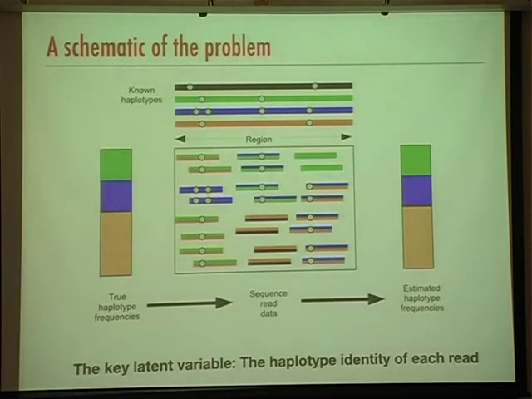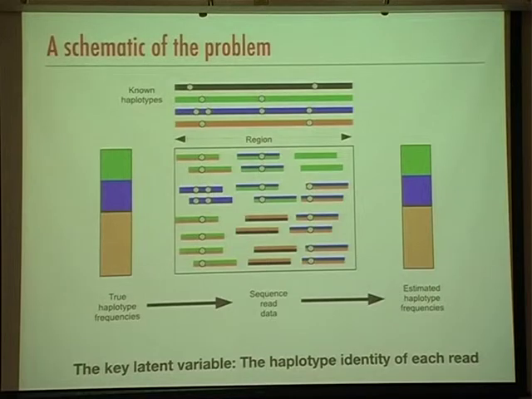And so we somehow want to work with this data to get to estimated haplotype frequencies. So we could think about naive approaches of doing this, where we say, if this matches these two, let's give it a weight of a half to this haplotype, a weight of a half to this haplotype, or let's just ignore it and only use the reads that are not ambiguously matching to haplotypes.